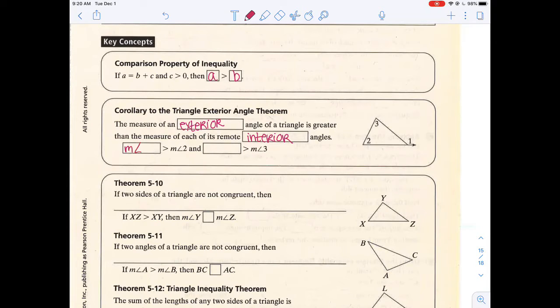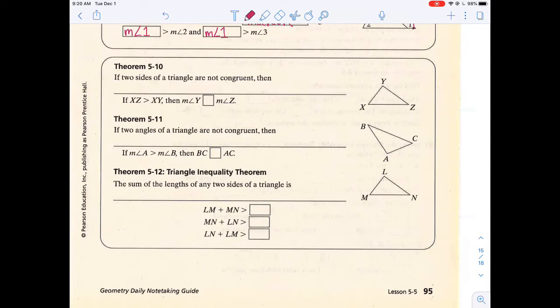If we write this down, the measure of angle 1 is greater than the measure of angle 2, and the measure of angle 1 is also greater than the measure of angle 3. So this angle is bigger than either of these two. Remote interior means it doesn't touch that angle on the outside.